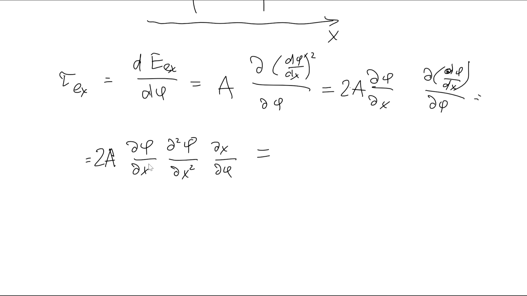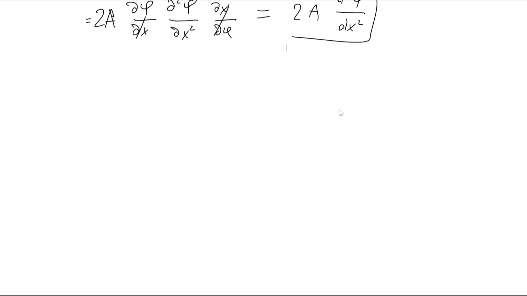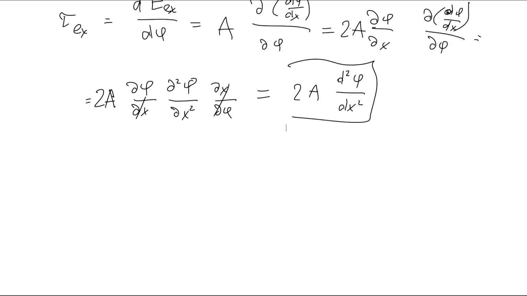Okay, so what it leaves us, you can see this goes away. That leaves us with 2A d2 phi/dx squared. Okay, that is our torque, the torque due to the exchange energy.